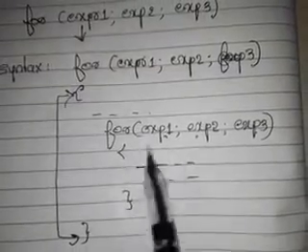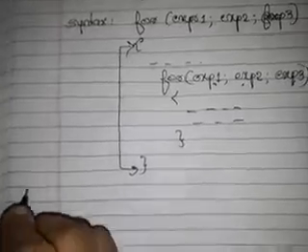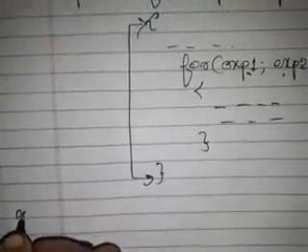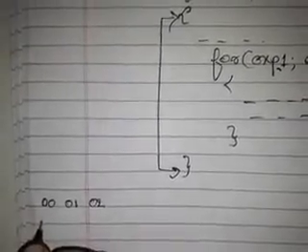Then what is the special thing? Why do we need to go for nesting the for loops? For example, if I want to print the order of a matrix, this is the order of the matrix X. In the sense, we have 3 rows and 3 columns.